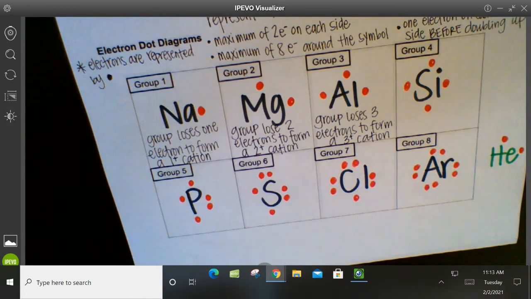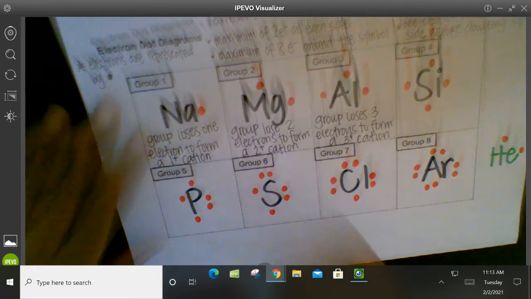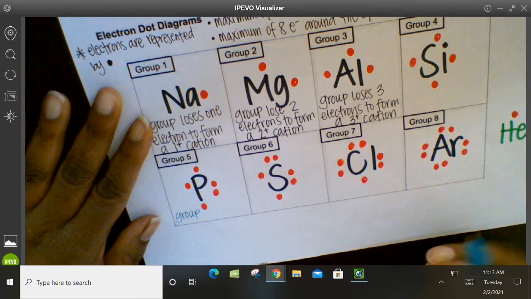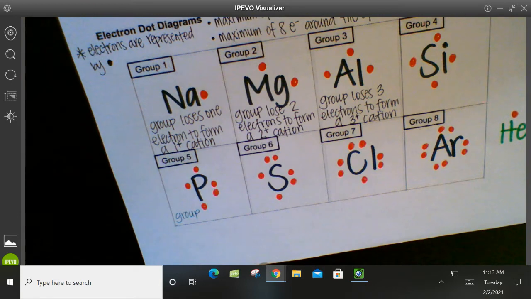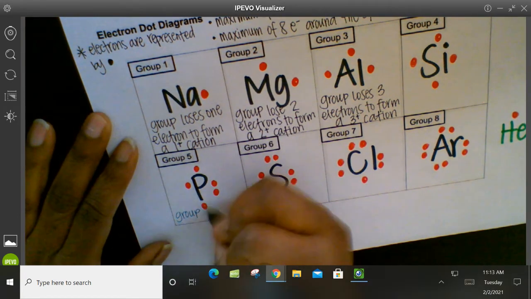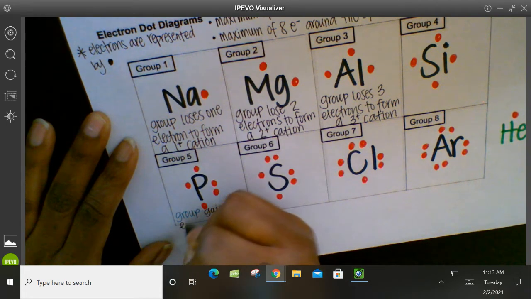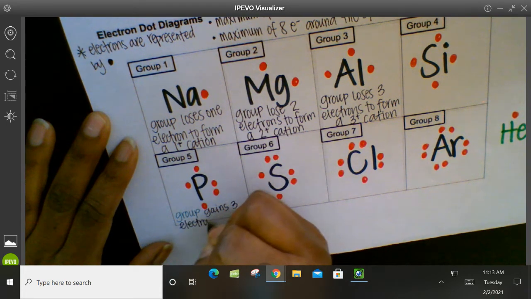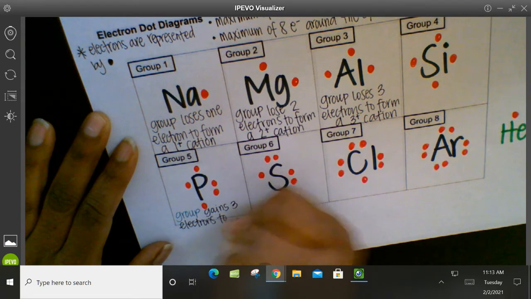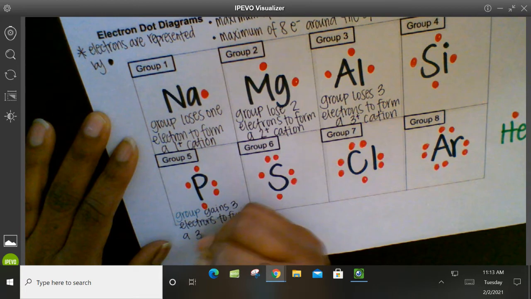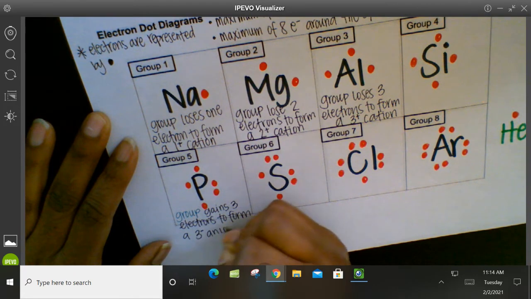All right, and then I wanted to skip down to the negative group that I was telling you guys about. All right, so this group, can you see that? No, I just continue to write in black. Okay, gains 3 electrons, forms a 3 negative anion.